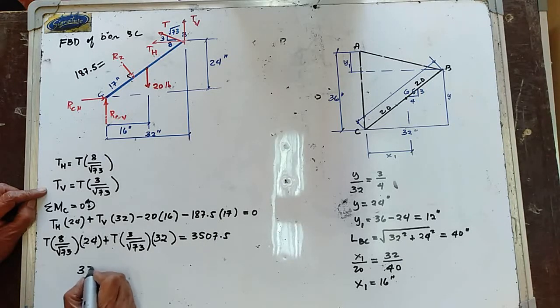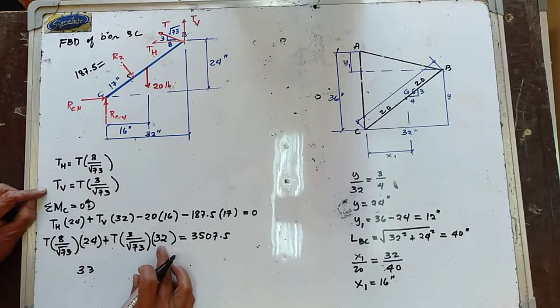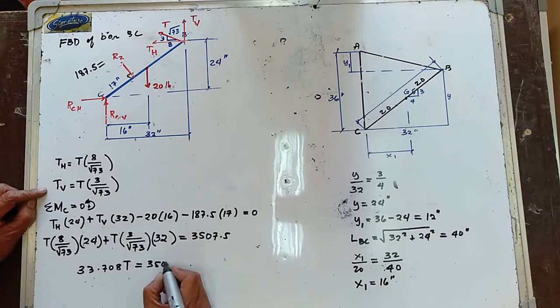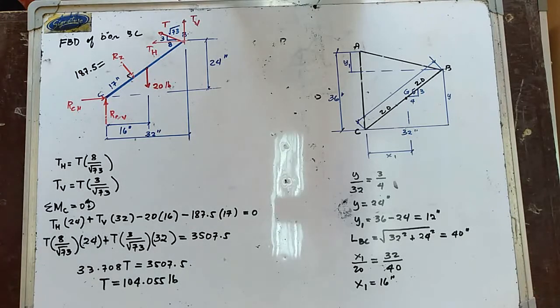So 24 times 8 over the square root of 73 plus 32 times 3 over the square root of 73 is 33.708 T, and this is equal to 3507.5. So the tension in the cable BC is equal to 104.055 pounds.